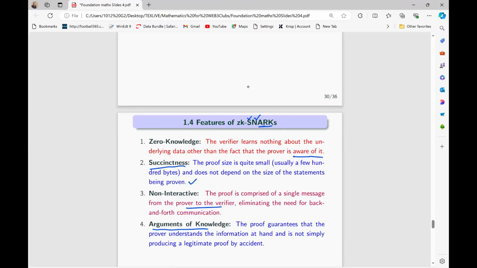So that is what argument of knowledge means. And therefore the word zk-SNARKs. That's what that word means, zk-SNARKs.